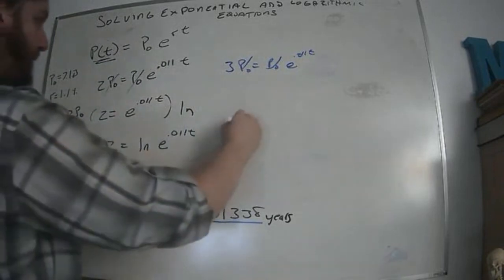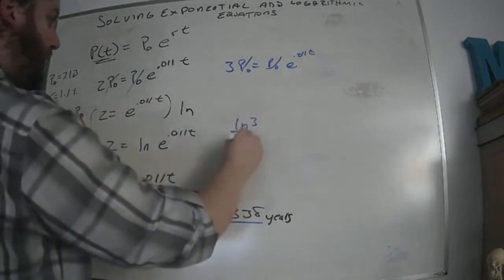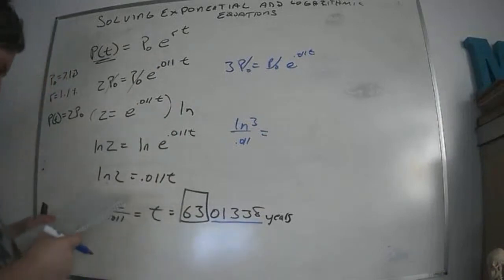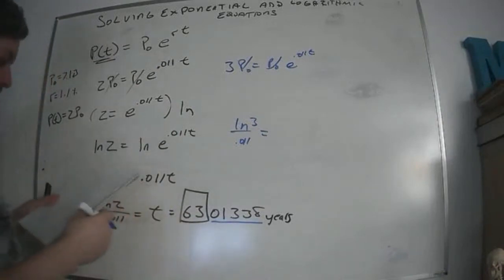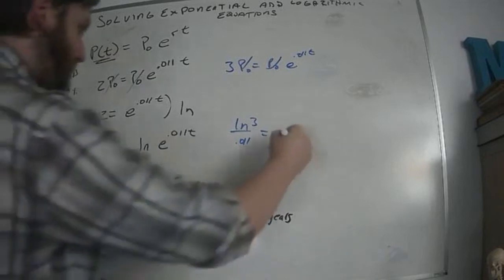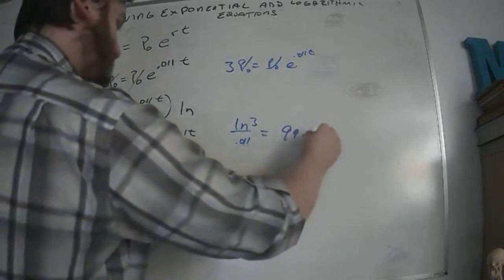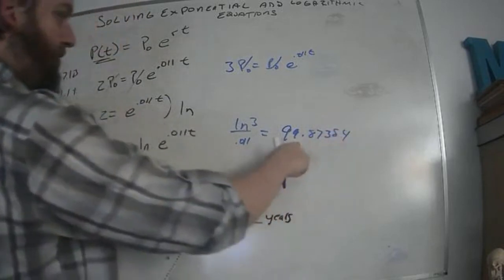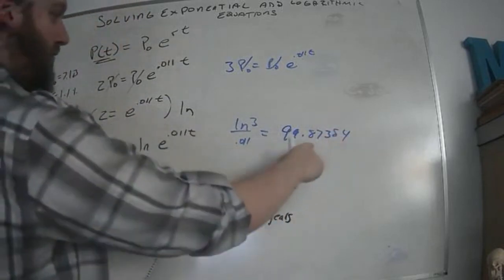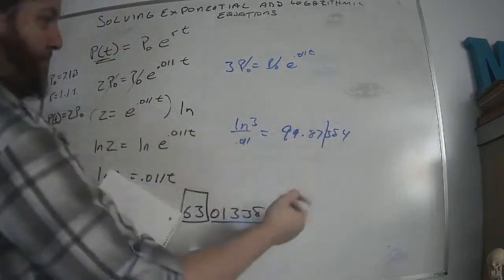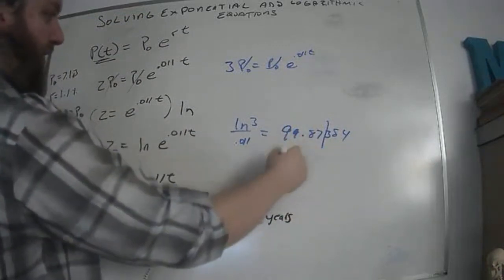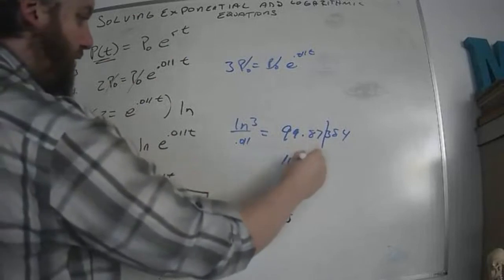You can see that this ends up being ln 3 over 0.011, which in this case is 99.87384 years. If I round it to 99.87, that's still a lot. If I round it to 99.9, I get 99.9, but I should round that to 100. So this is really 100 years.